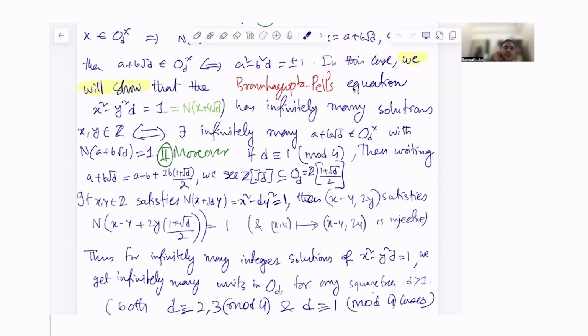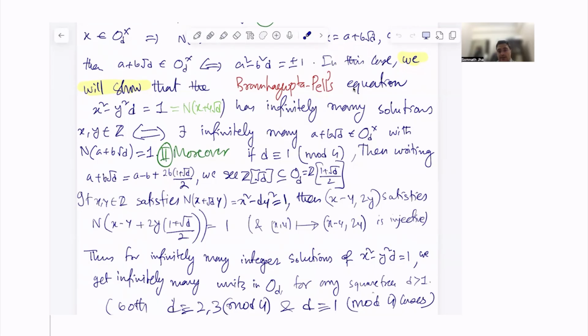In the other case, D equal to minus 3, there are 6 units: plus minus 1, plus minus omega and plus minus omega square, where omega is a primitive cube root of unity, equal to minus 1 plus root minus 3 over 2.